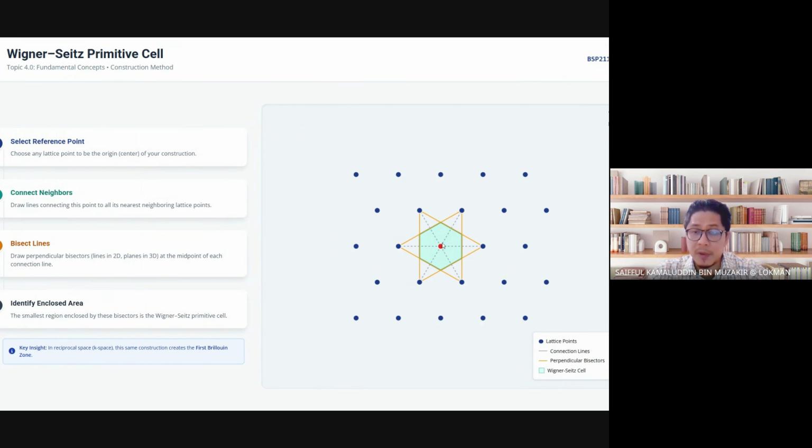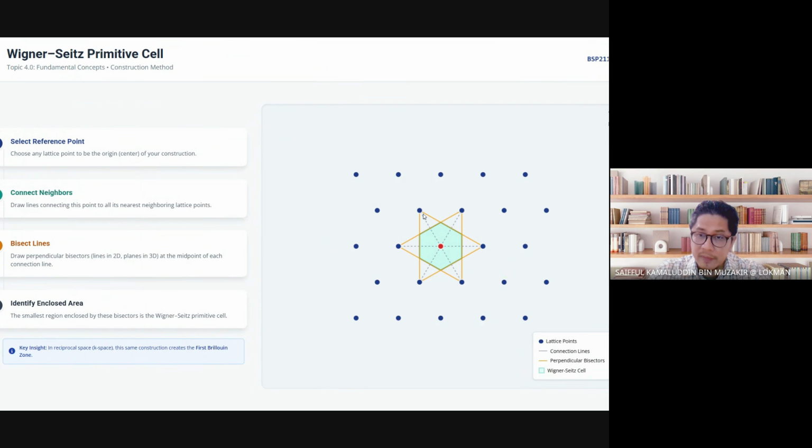We choose the red one first and draw lines connecting this point to all its nearest neighboring lattice points. So the nearest neighboring lattice points are these points, the blue ones, only the nearest ones. And we draw the lines connecting this point.